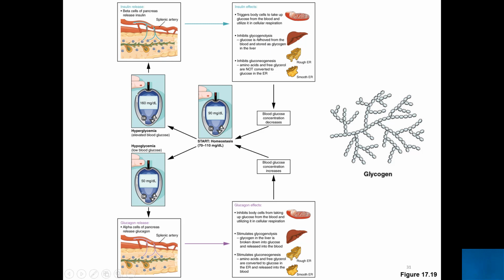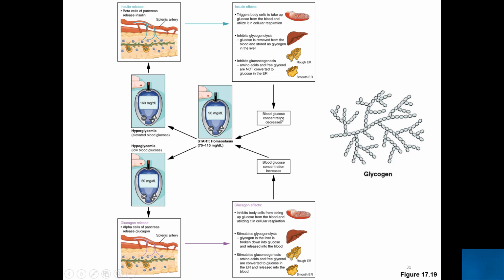Also, insulin stops glycogenolysis. It means that glucose will be removed from the blood, go to the liver, and be built into glycogen molecules for storage. Also, insulin inhibits gluconeogenesis, so glucose is not made out of amino acids and fats anymore for a while.